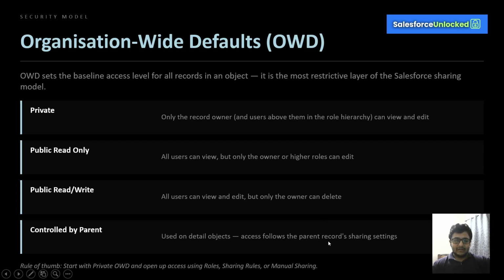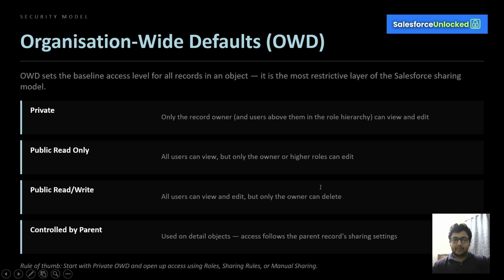At the bottom of the slide you can see there is a line mentioned about the rule of thumb. When you configure OWD settings, the most important principle in Salesforce administration is that we always start with the most restrictive OWD.